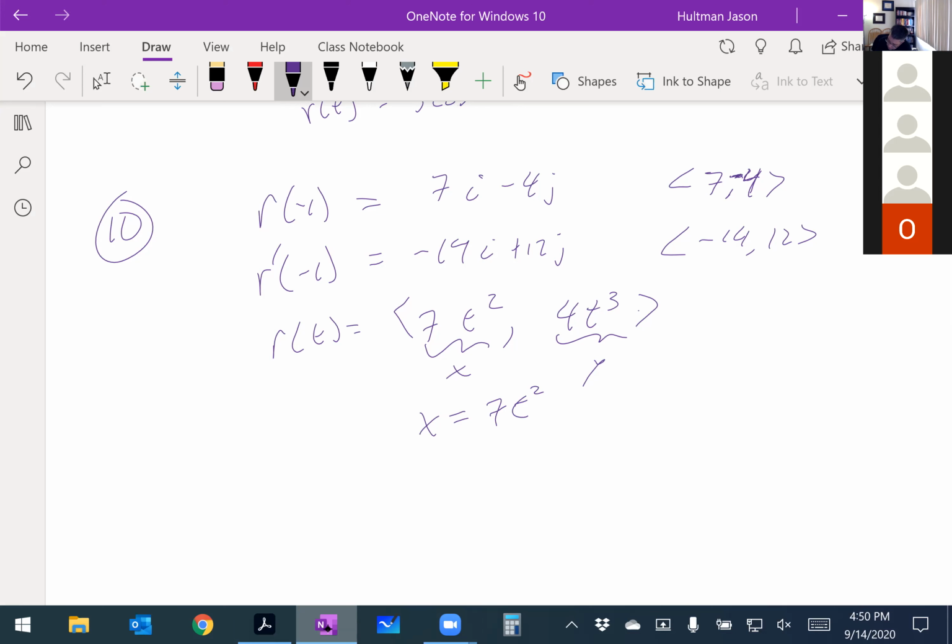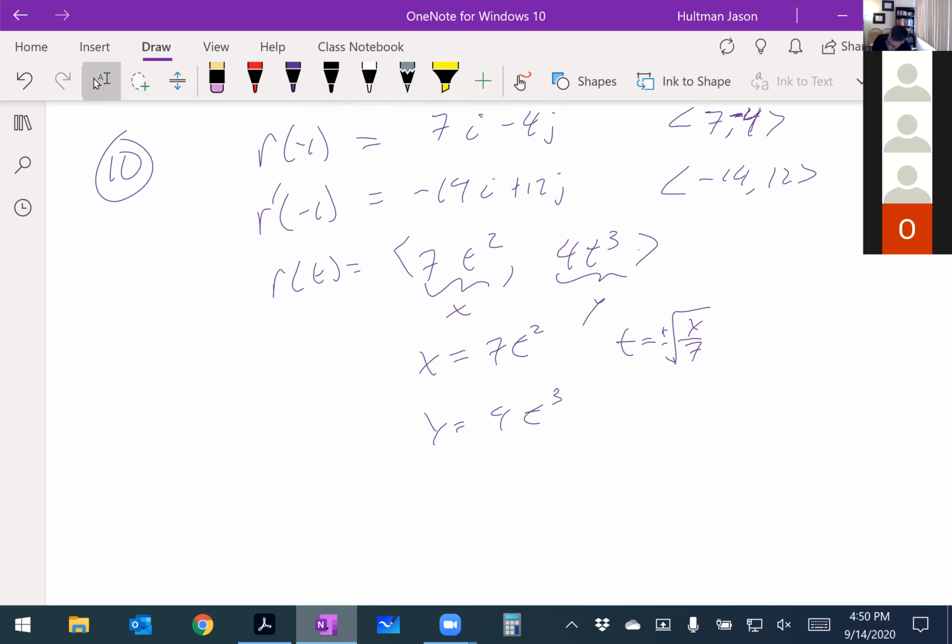And so I'm going to solve this for t. t is equal to the square root of x over 7, plus or minus. And I know y is equal to 4t cubed. And so y is equal to 4 times this guy, plus or minus.